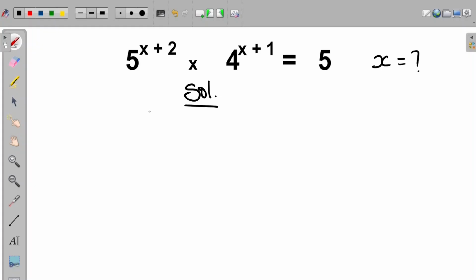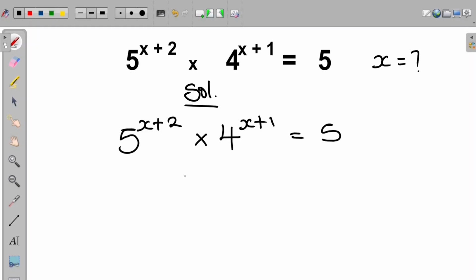So we have to manipulate the left-hand side so that either we have the same base or we have the same index. The question was given as 5 raised to the power of x plus 2 multiplied by 4 raised to the power of x plus 1 equal to 5.